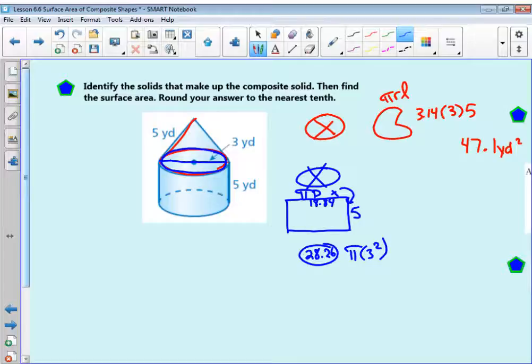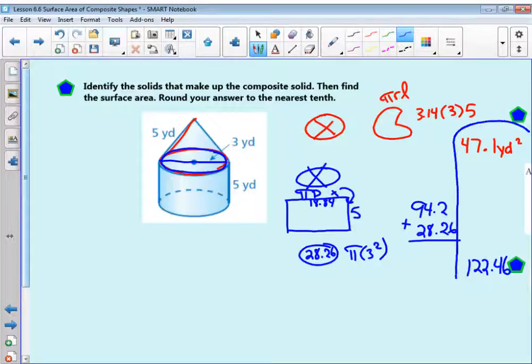And then I'm going to go times 5 on that. Gives me 94.2, and then I still have the circle bottom, so 28.26. When I add those together, it gives me 122.46.